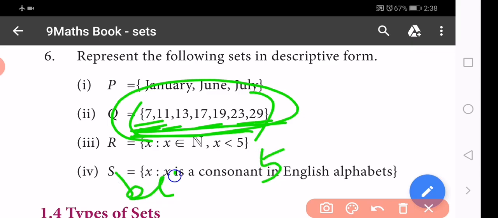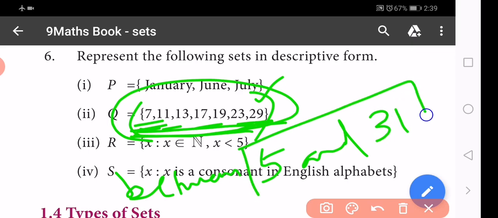So we use the word between. 5, and 29 is the last prime number, and after 29 the next prime is 31. So we use the word between 5 and 31, and these two are not elements. So the set of all prime numbers between 5 and 31.